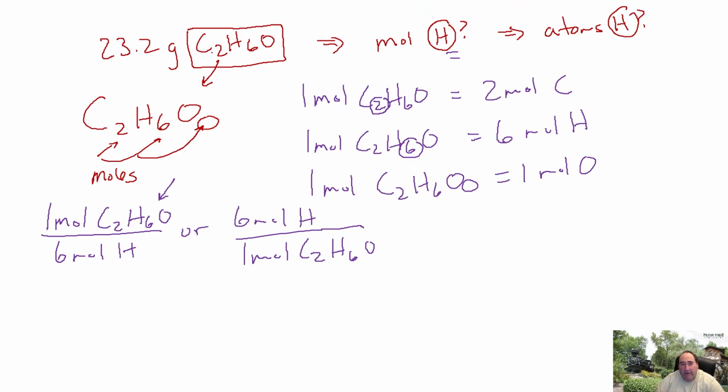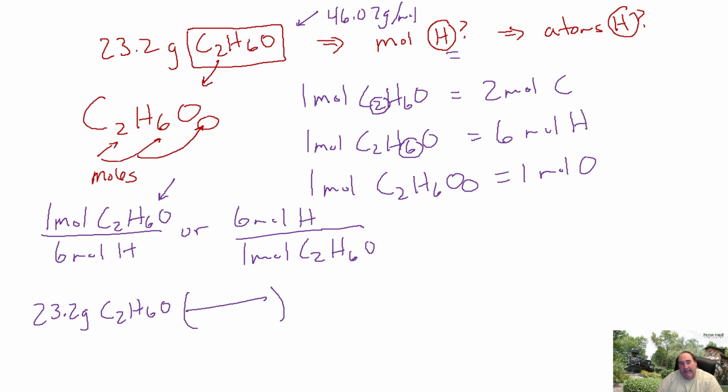We calculated that the exact same way as in that previous example, from the periodic table, adding up all the parts: the 2 carbons, the 6 hydrogens, and the 1 oxygen. So I'm going to take our original number, 23.2 grams of ethanol, and convert them into moles.